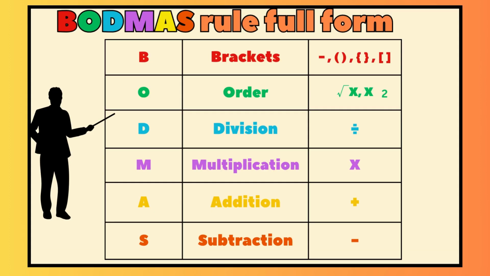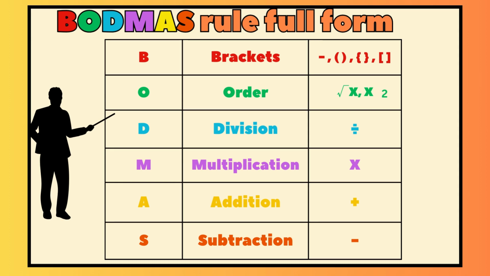As I said earlier, BODMAS is an acronym in which B stands for brackets or braces. You can look at this table. There are four types of braces which you can see in mathematical expressions. First one is called bar bracket, or it is also called vinculum, then small bracket, curly bracket, and square bracket.